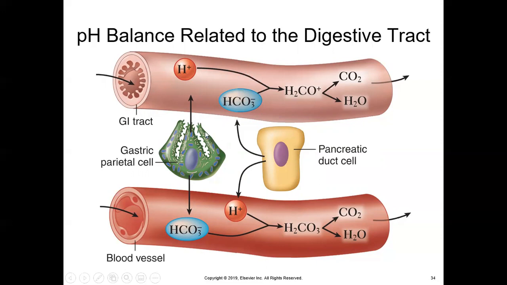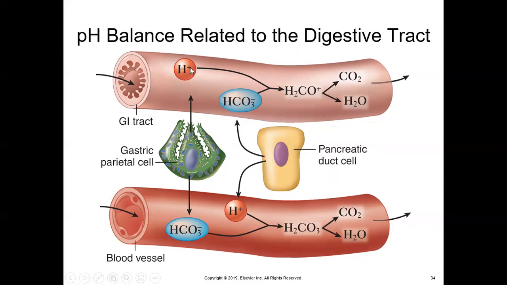The hydrogen ions that have been sent in by the parietal cell to form the HCl, and the bicarb that's brought in from the pancreatic cells will absorb the hydrogen ions, form the H2CO3, and this will be sent out as CO2 and H2O. That's how the bicarb that's produced by the pancreas will help to increase the pH in the duodenum.